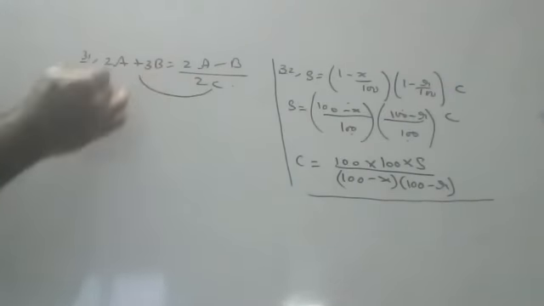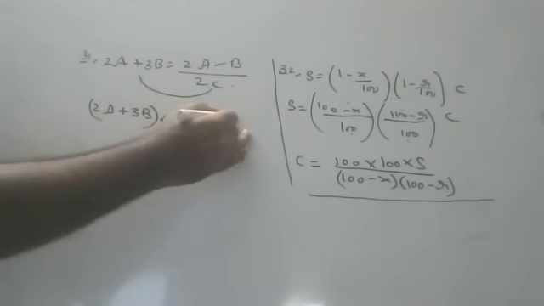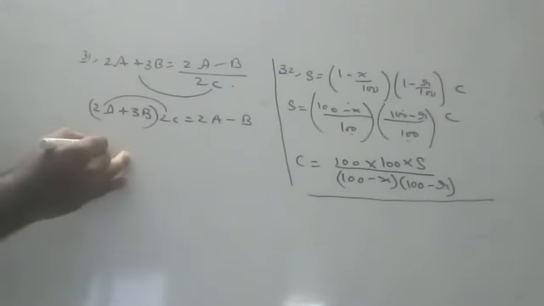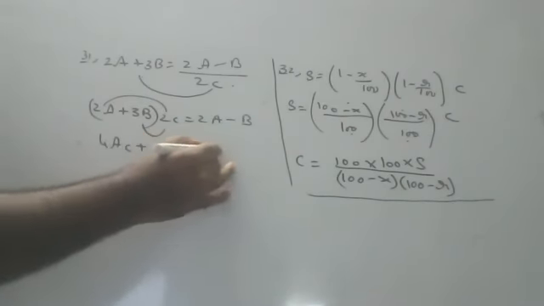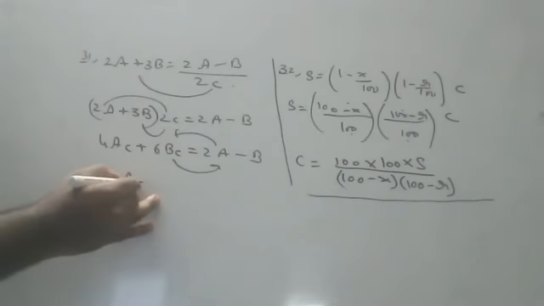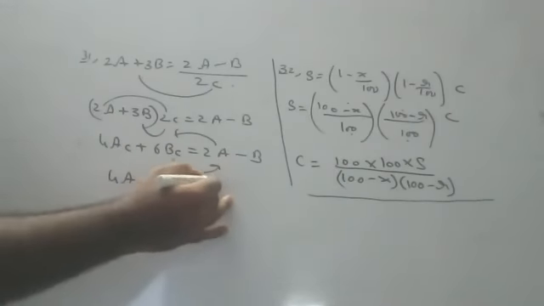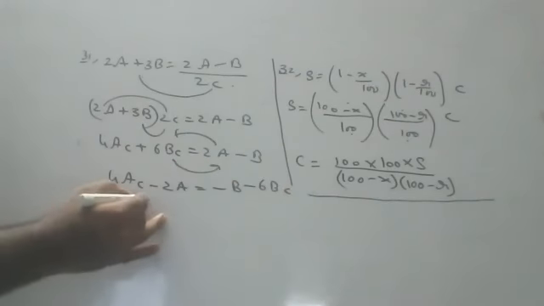So this into this, children: 2A plus 3B into 2C is equal to 2A minus B. This into this, 4AC plus this into this, 6BC is equal to 2A minus B. Bring A's onto one side. 4AC minus 2A is equal to minus B minus 6BC. Make A common, children.